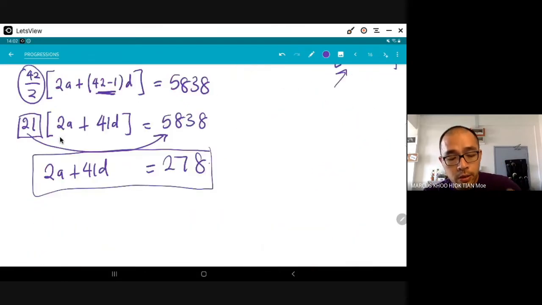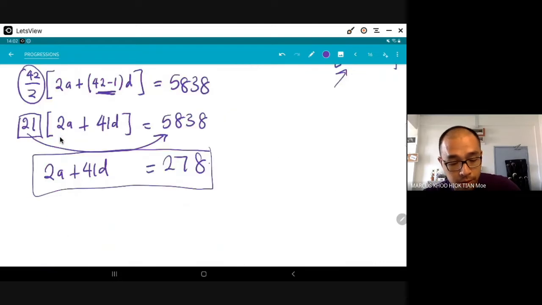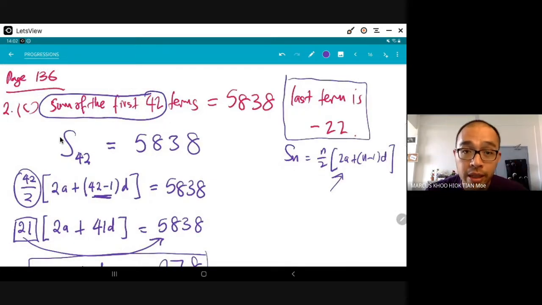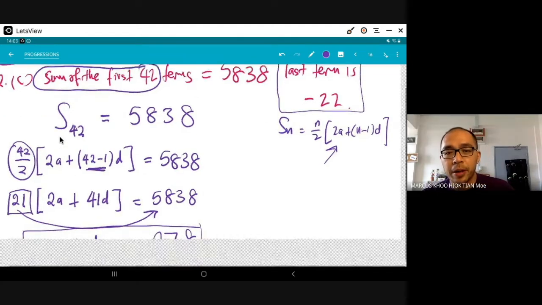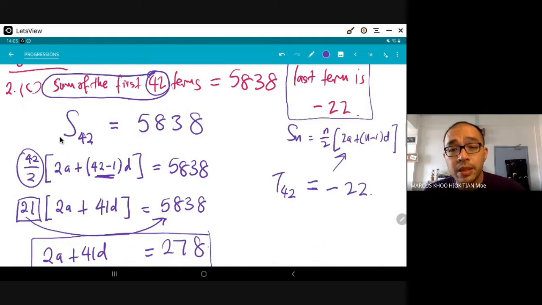Now, where am I? Oh, here. They say the last term is negative 22, and that is all they give. I assume that it is T42 equals negative 22. We assume that the last term is the 42nd term.